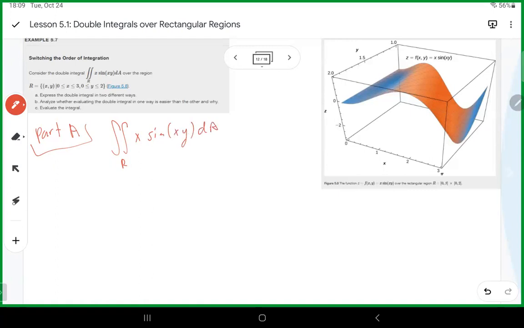So, and that's literally all you would have to write for that kind of answer. You would just say, well, if we're going to go with Y first, then you would have your Y parameters first.